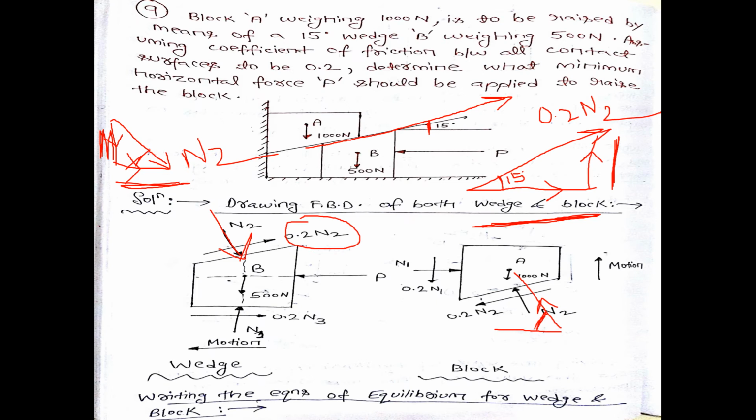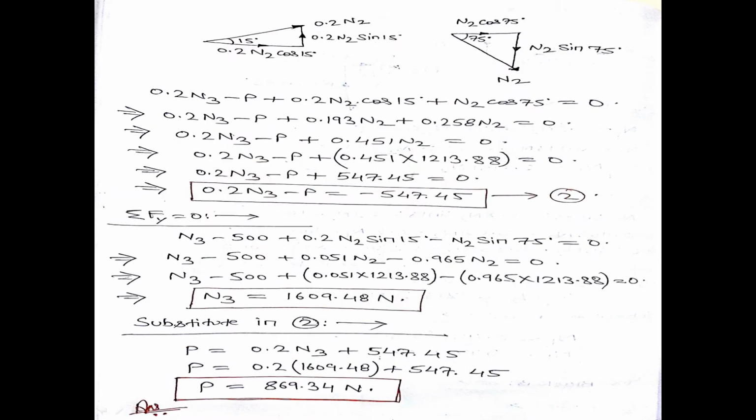That means I can write minus P plus 0.2 times N3 plus N2 cos 75 plus 0.2 into N2 cos 15. Let us see whether it is correct or not. See, 0.2 N3 minus P plus 0.2 into cos 15 plus N2 cos 75 equal to 0.